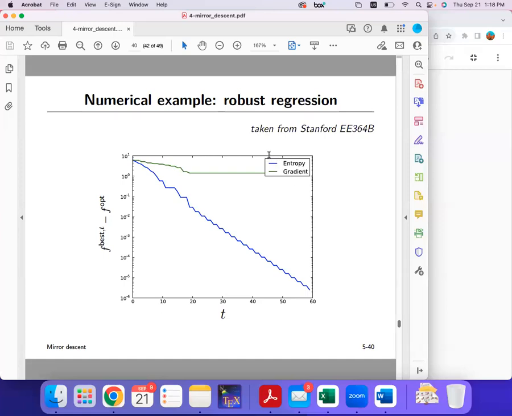But if we choose a negative entropy phi, well, the geometry fits the underlying problem very well. Then you can see the algorithm can converge to a very high accuracy. So this shows that picking the right phi function in the Bregman divergence can make a huge difference.